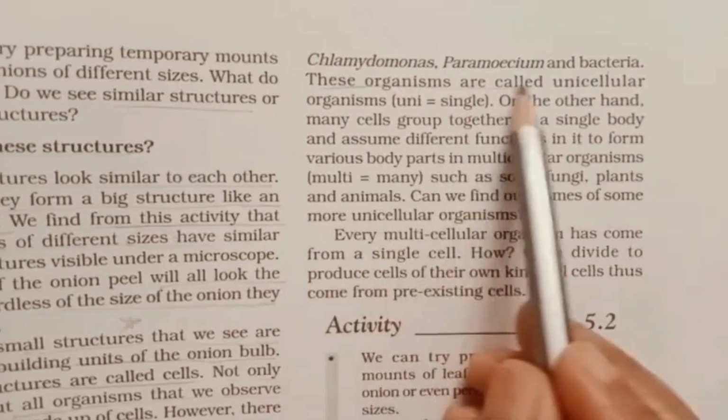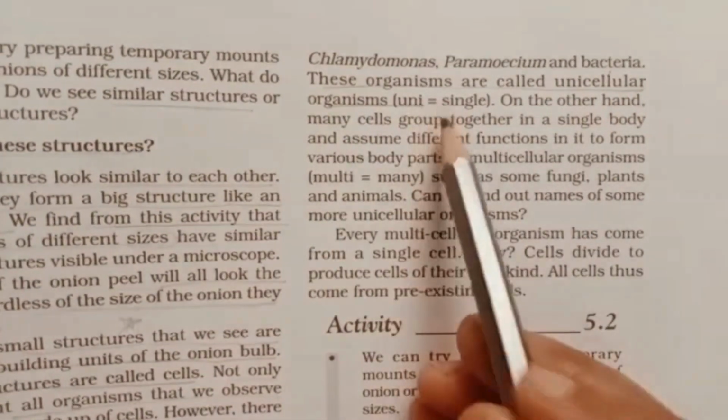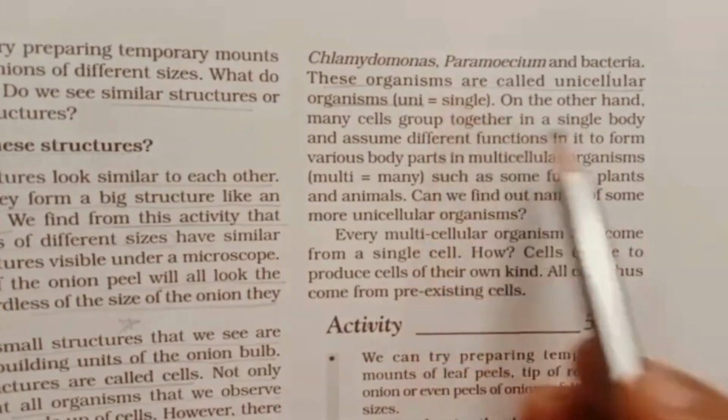Now, these organisms are called unicellular organisms. Why? Because they are made up of a single cell.